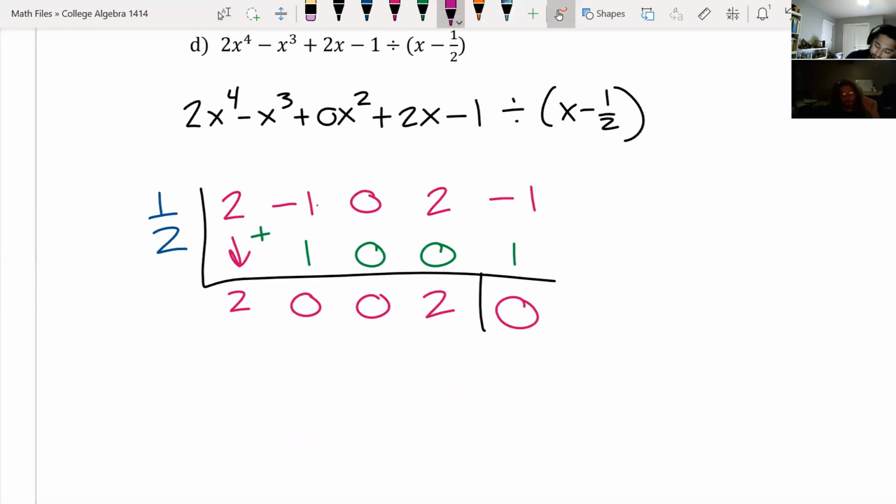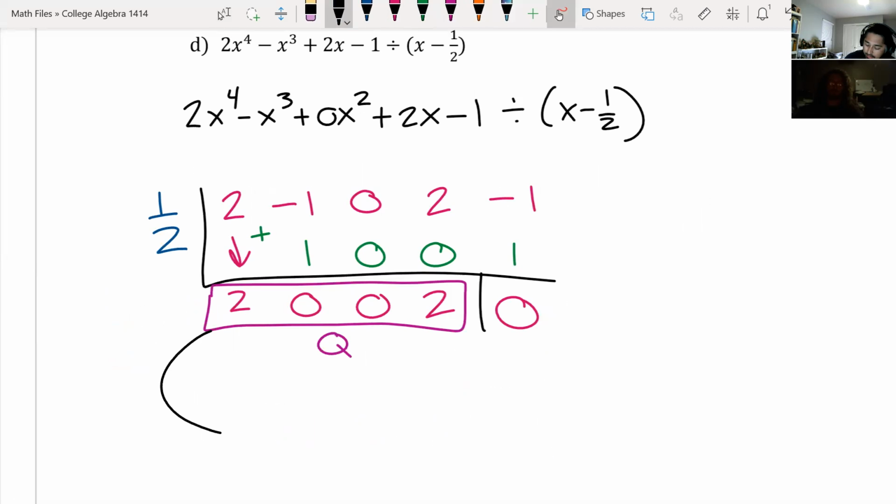There's my quotient. And how do I put it back into polynomial form? What do we start with? Start with 2x cubed plus what? 2.